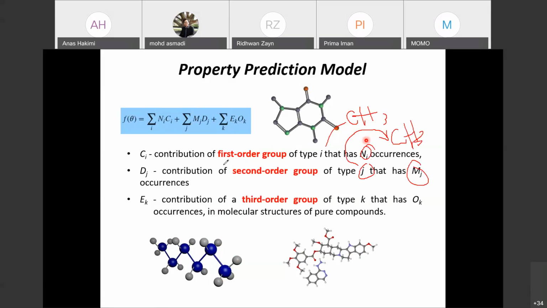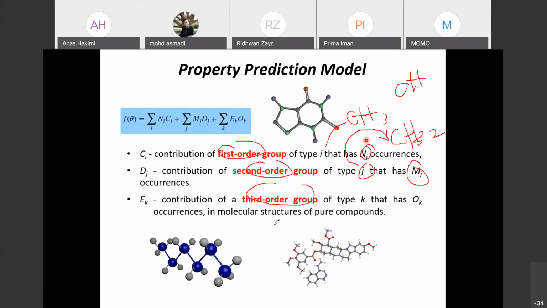Mj, the occurrence, is a vector of the numbers of CH2 or CH3 or OH in the molecule. So this is the sum of NiCi, sum of MjDj, sum of EkOk, the same. So this is the first-order group, the second-order group, as well as the third-order group.